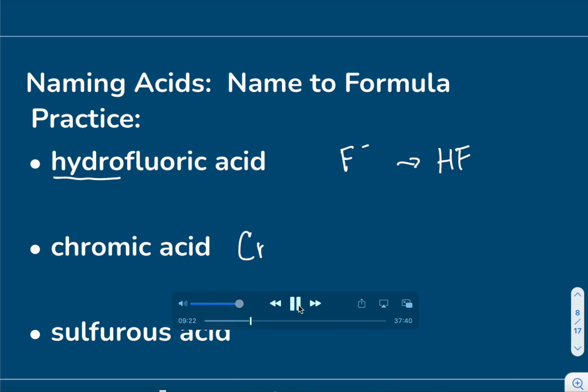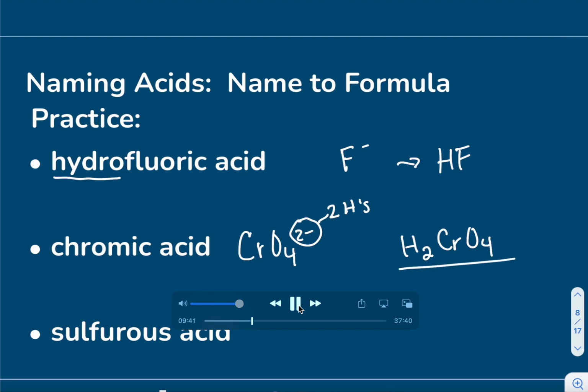So chromate is CrO4 2 minus. Because this charge is 2 minus, you need 2 H's to balance it out. So this is H2CrO4, chromic acid.